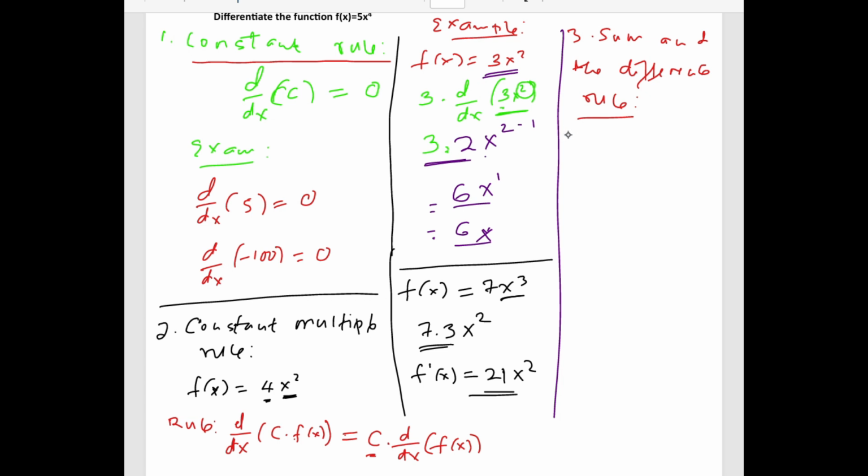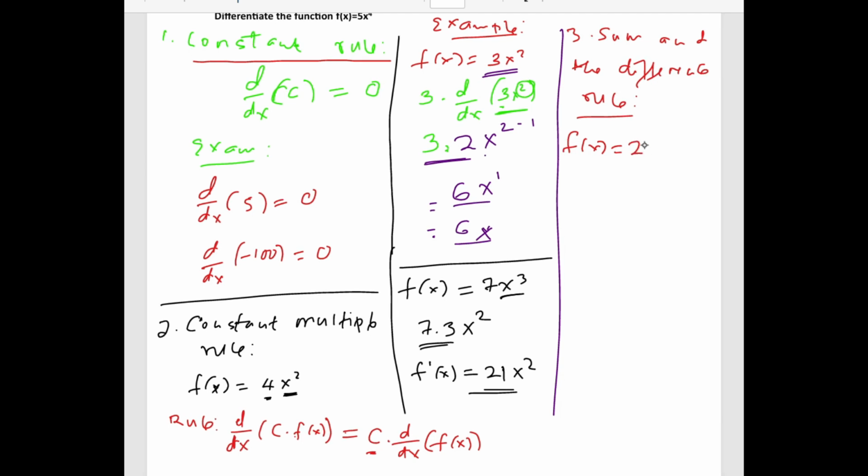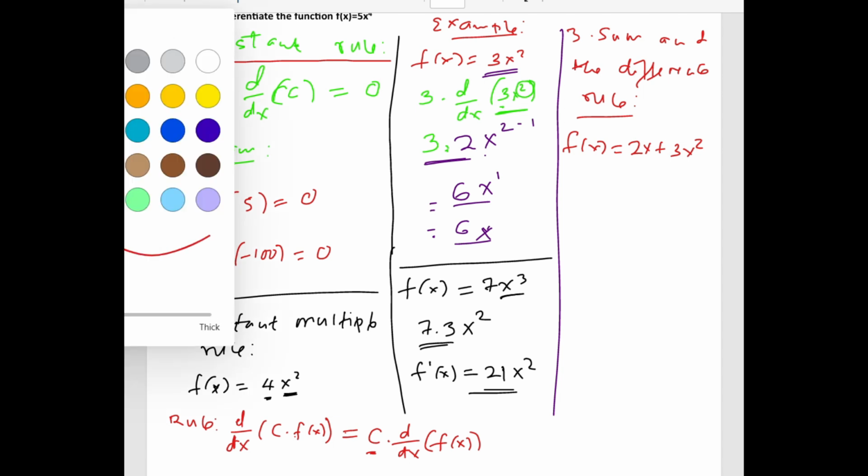For instance, let's say f of x is equal to 2x plus 3x squared. How do you differentiate something like this?